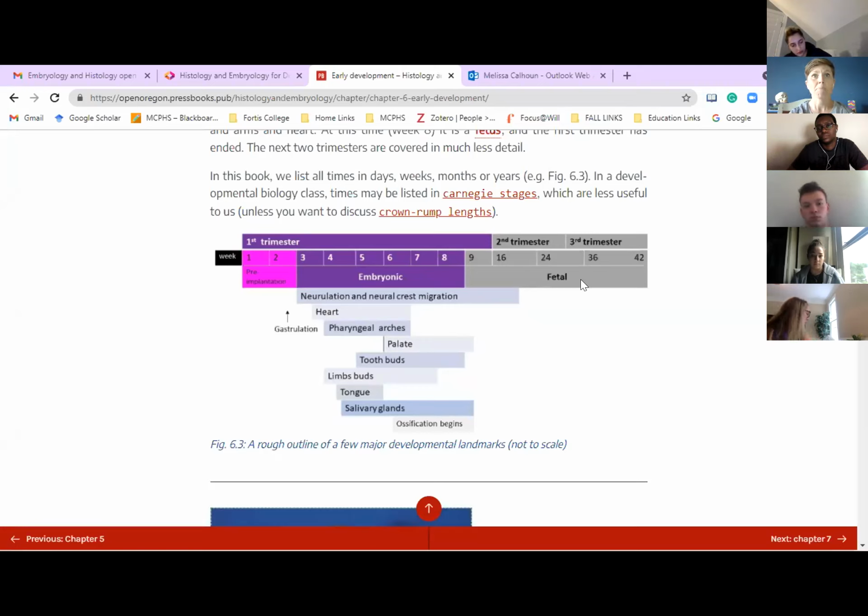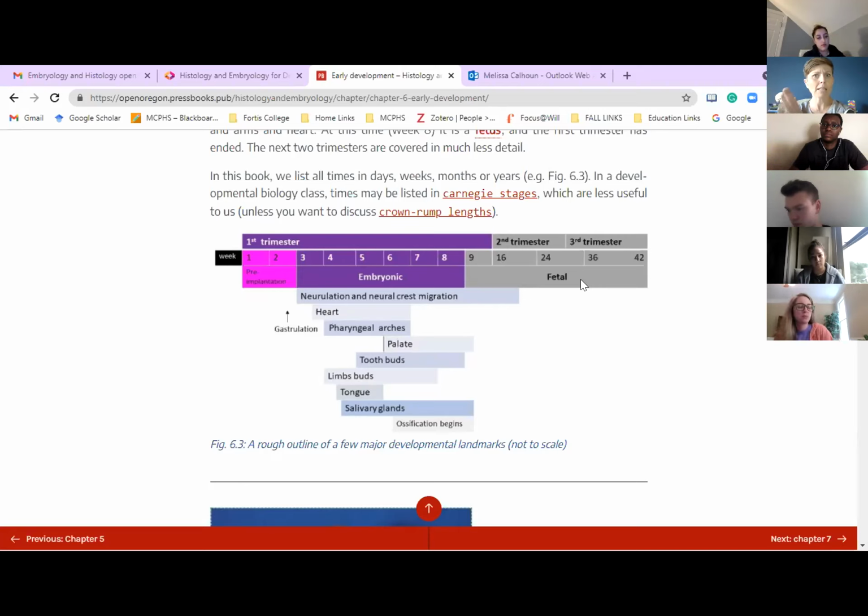You have the neural crest migration, like we talked about the other day, because we use those neural crest cells in the formation of the oral cavity. The heart starts to form in that 3 to 6 weeks. The pharyngeal arches, which we talked about the other day. We'll learn today about the palatal growth that starts at the 6 week part.